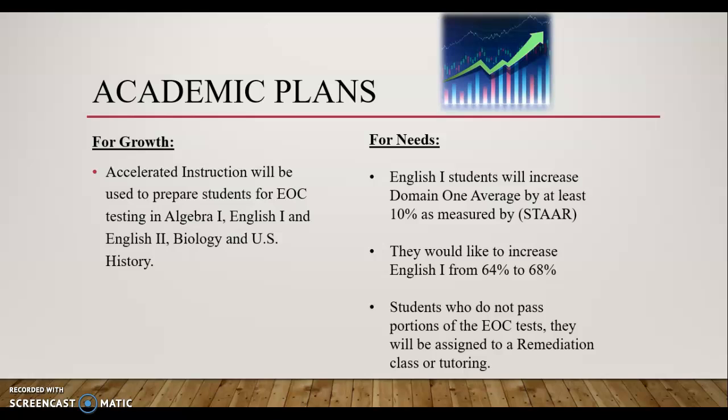So for the students who do not successfully pass the end of course test, they will be assigned to a remediation class, or even scheduled tutoring to help those students achieve better scores and understanding of the material, so that as they move forward, they can be more successful on tests and homework, so they don't have to continue to take these remediation classes or tutoring.